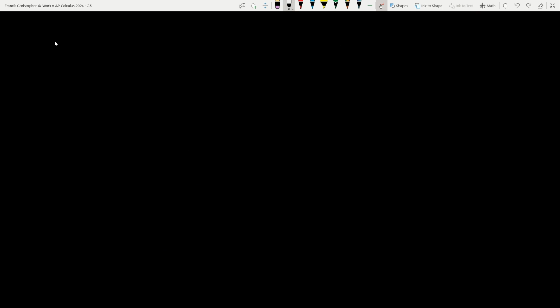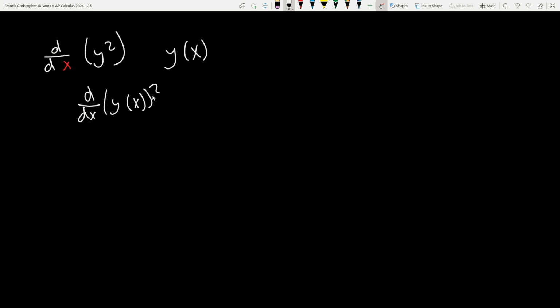I need you to really understand that it's with respect to x. So if you've understood with respect to x, I'll use a different color just to emphasize the difference in variables, then you might see why something like this might be a little bit problematic, because we're dealing with two different variables here. But how we're going to tackle this is we're going to treat y sort of as a function of x, and then this becomes d dx of y of x squared.